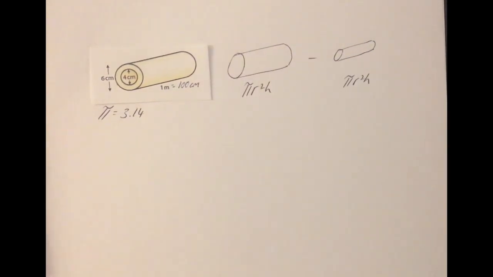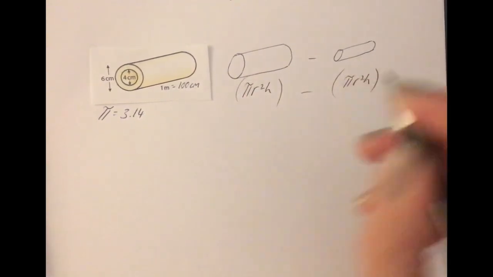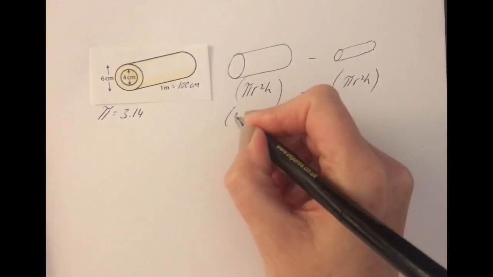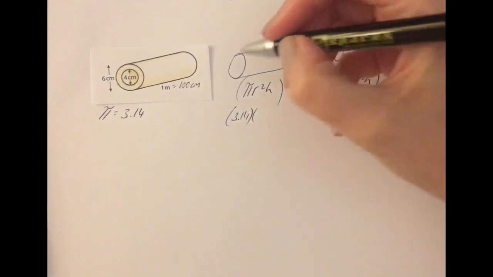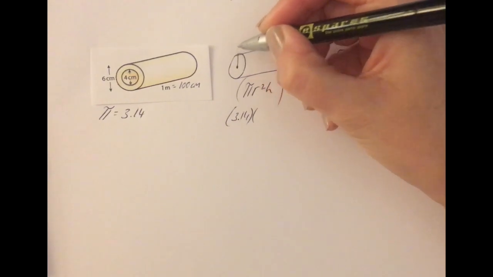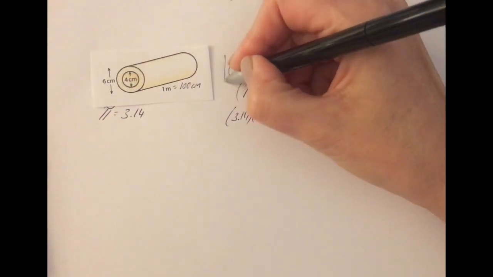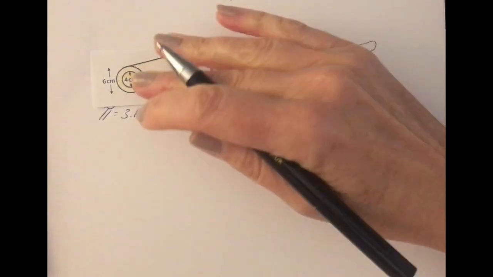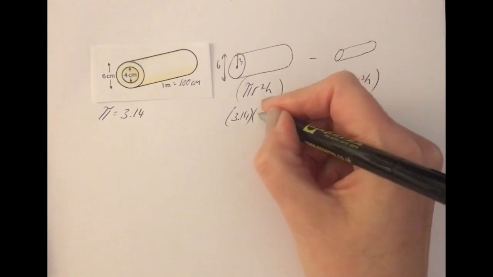Okay, press pause if you want to give this one a go yourselves. Otherwise, watch on and we'll work through it together. So, working this out, I'm going to fill this in. Pi, of course, is 3.14. Now, the radius of that larger pipe is, of course, since 6 is the full width of the larger pipe, then that means that 3 is the radius of the larger pipe.